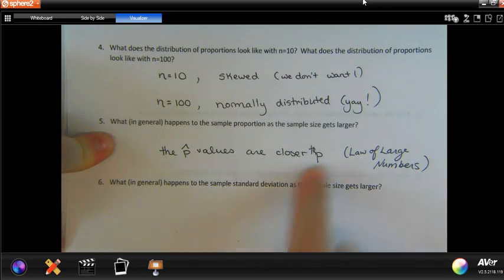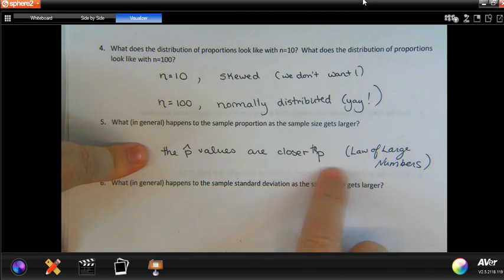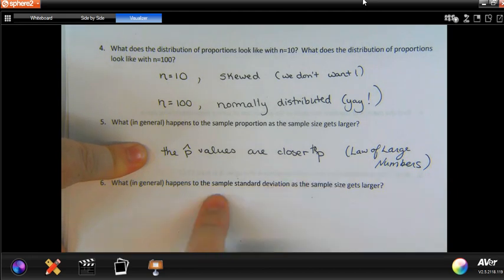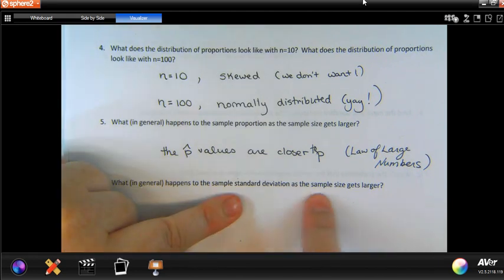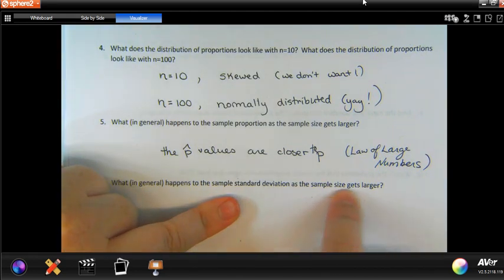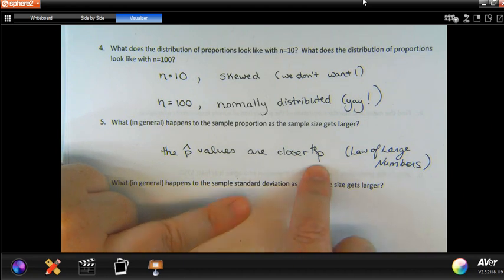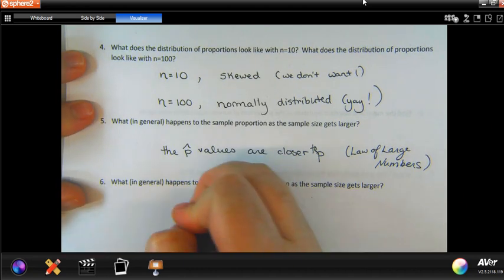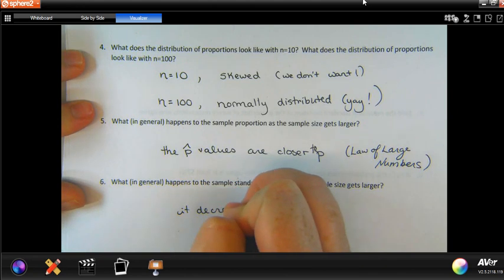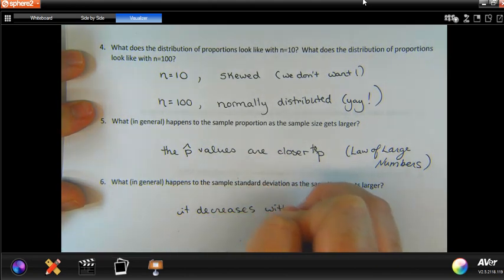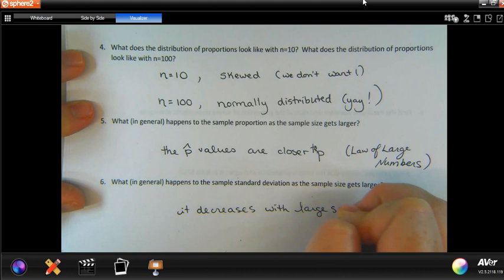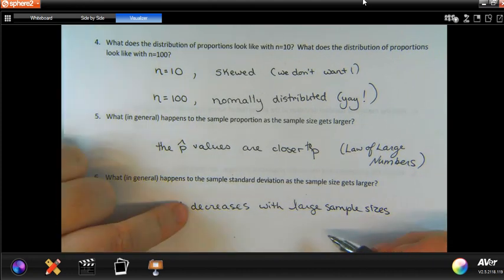So if we're taking larger sample sizes and these sample proportions are closer and closer to p, then the standard deviation of this bell-shaped curve is going to be smaller and smaller with these larger sample sizes. Because as we take larger sample sizes, there's less variability in our outcomes if they're all behaving very close to our population proportion. So it decreases with large sample sizes. Standard deviation and sample size behave in an opposite way.